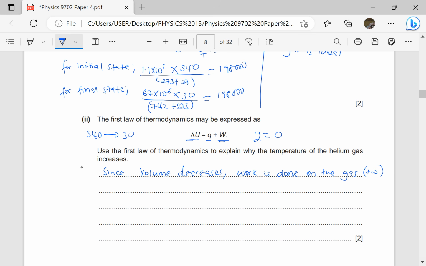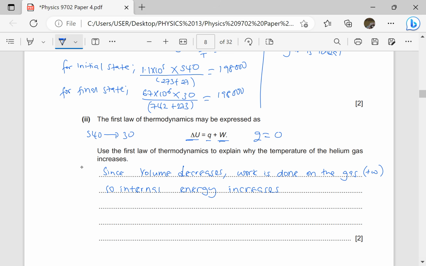And since the work is done on the gas and Q is 0, delta U is positive, it means internal energy increases. Internal energy increases because delta U is positive.